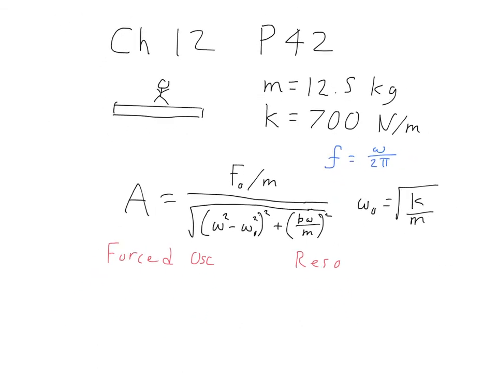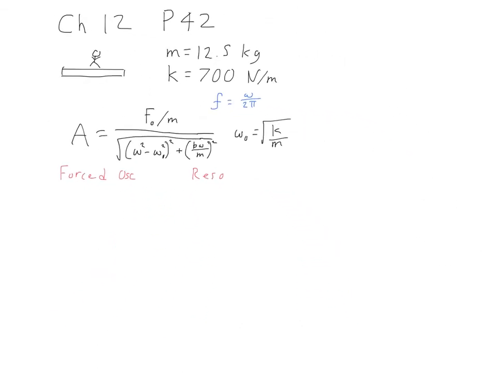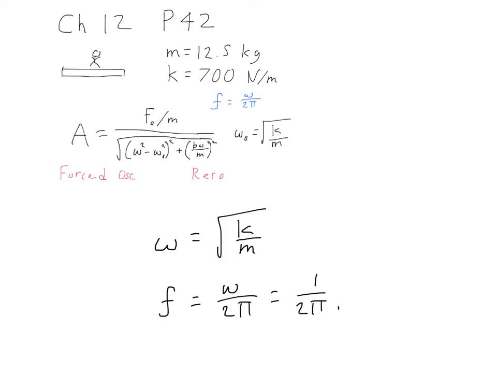So let's just give ourselves a little bit of room to finish this up. And so the angular frequency that we want is going to equal the square root of k over m. The frequency we want, omega over 2 pi, or in that case, 1 over 2 pi square root of k over m.